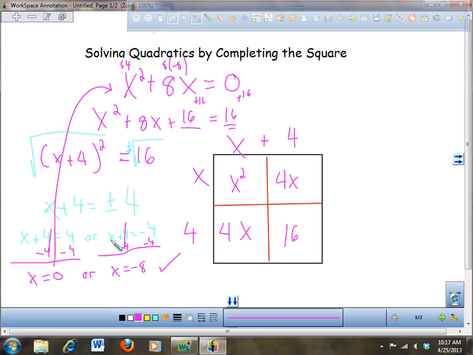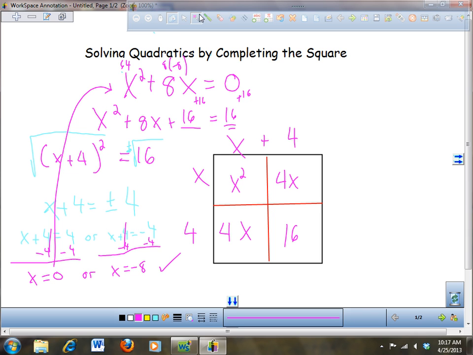Now, how do you do a problem if they say solve by completing the square? So let's look at one that works out nicely, okay?